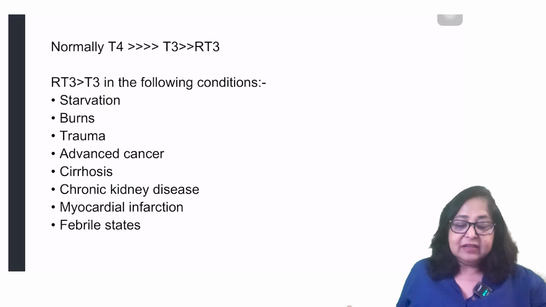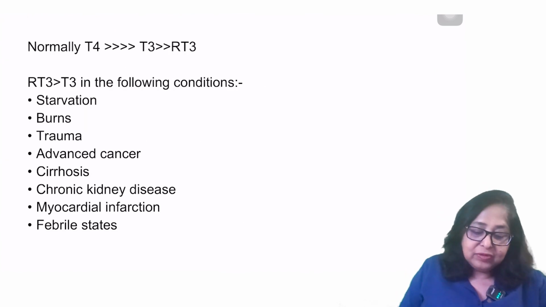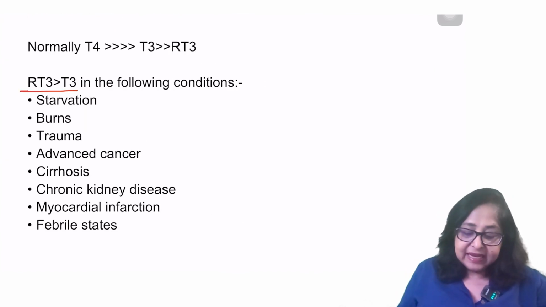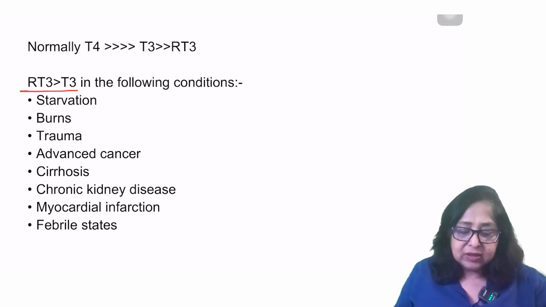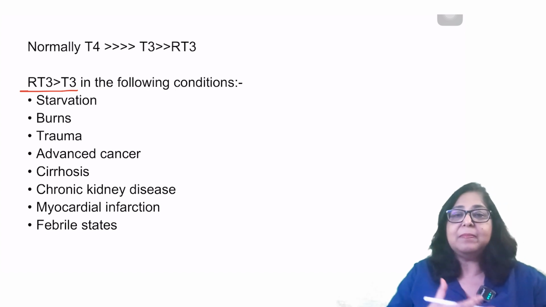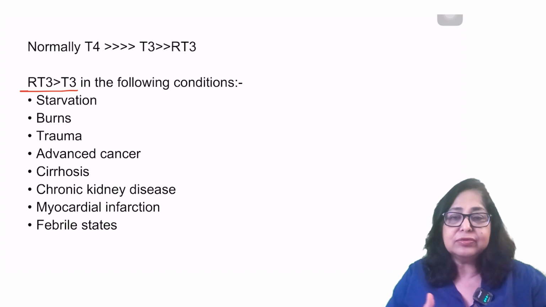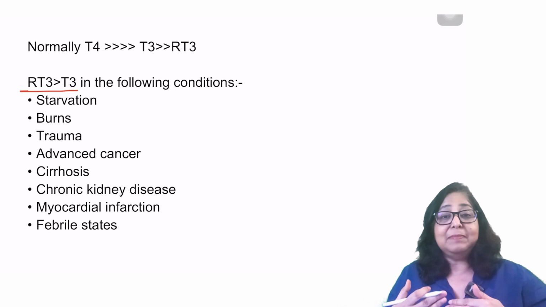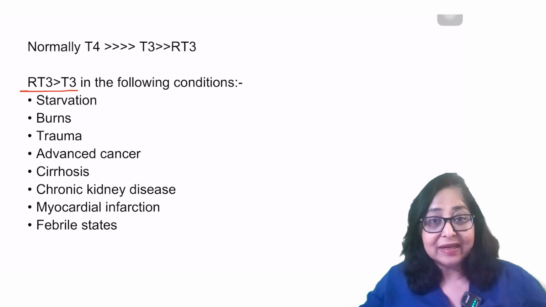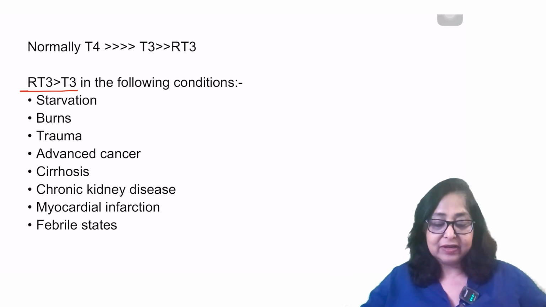Now, there are some other conditions where RT3 becomes more than T3, and that is in prolonged starvation, in burns, trauma, advanced cancers, cirrhosis, febrile states. When I say febrile states, it means when fever is prolonged. Right? Then RT3 becomes more than T3.